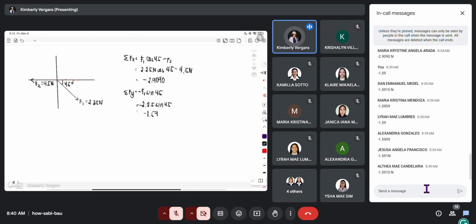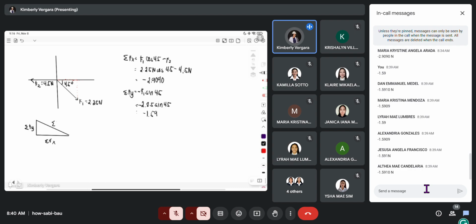So, i-add na po natin kunin natin yung resultant. Ito yung ating summation of Fx. Then, this is our summation of Fy. Para makuha natin si ating resultant, kukunin natin yung ating FR.